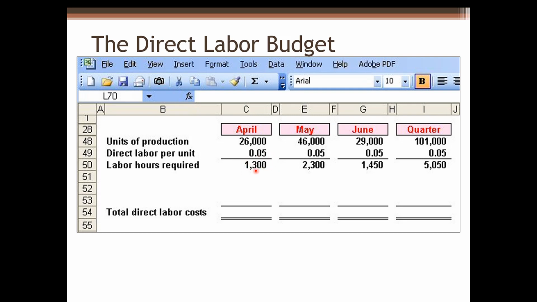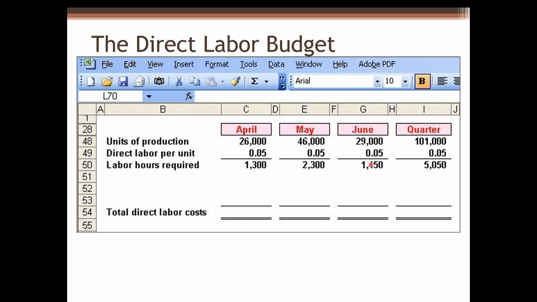For April, it requires 1,300 hours, May 2,300 hours, June 1,450 hours, and total labor hours required for the whole quarter 5,050 hours. But this company has a no layoff policy, and the company should pay employees a minimum of 1,500 hours.